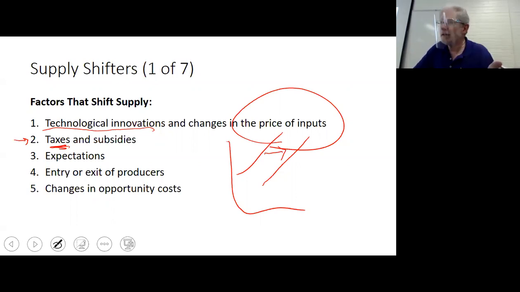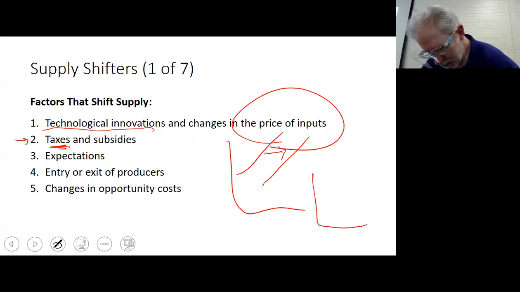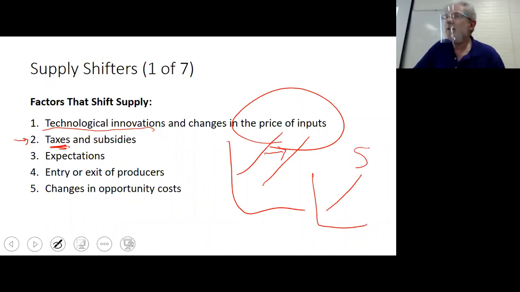Think about oil and gasoline. If this is the supply of gas today and the price of oil goes up, what's going to happen to the supply of gas? It's going to move leftward. It's going to go down. It's going to move to the left because to produce gas, one of the inputs is oil.